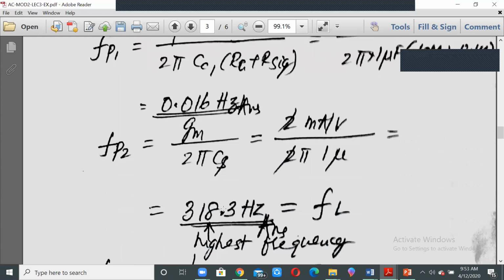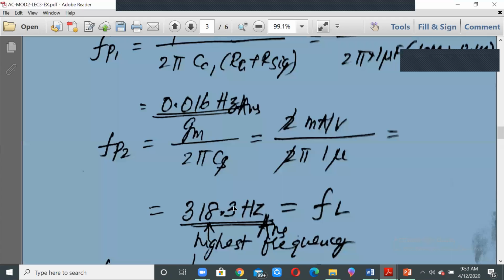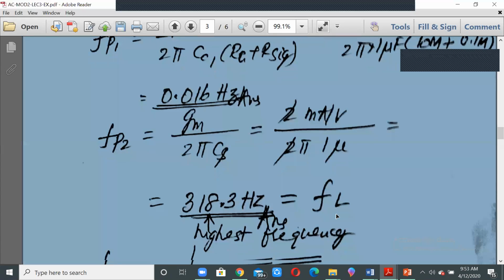Similarly, fP2 we can find, which is gm by 2π CS, that is 2 milliampere by 2π 1 microfarad. Milli is 10 to the power of minus 3 and micro is 10 to the power of minus 6, and hence we'll get 318.3 hertz as the value of fP2.